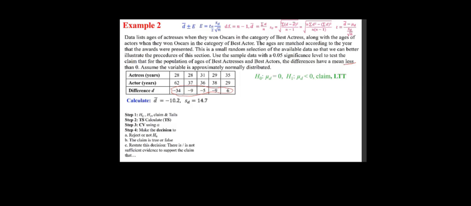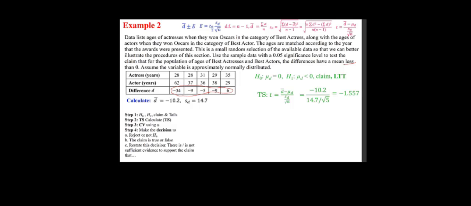So we write the test statistic, T equals D bar minus mu over S sub D over square root of N. And again, mu sub D comes from H0, it's 0. And the result is negative 1.557.